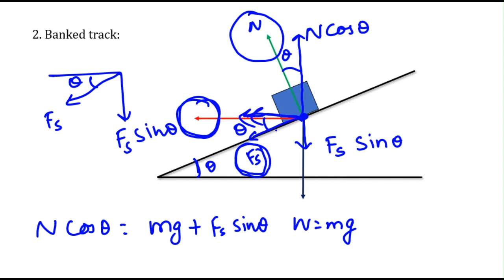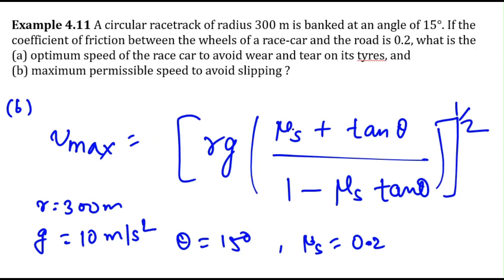What we need to do is consider the velocity with which this car can make the turn with the help of only the horizontal component of the normal force, without taking help from the static friction component. So we can eliminate these terms; if the mu s term is 0, it will be tan theta only.